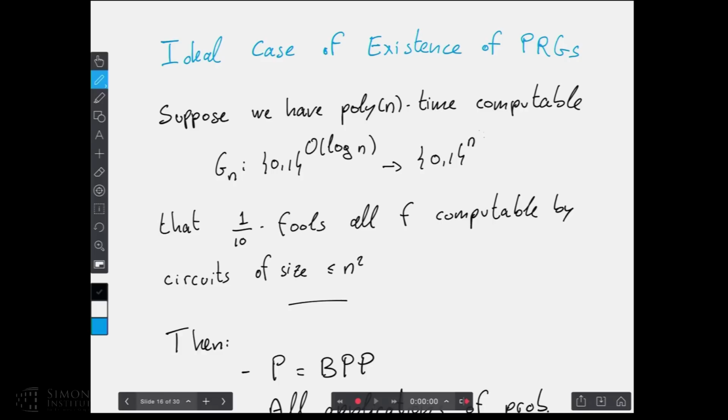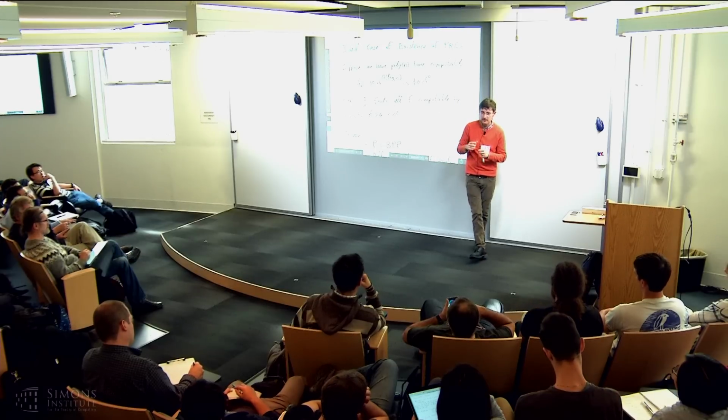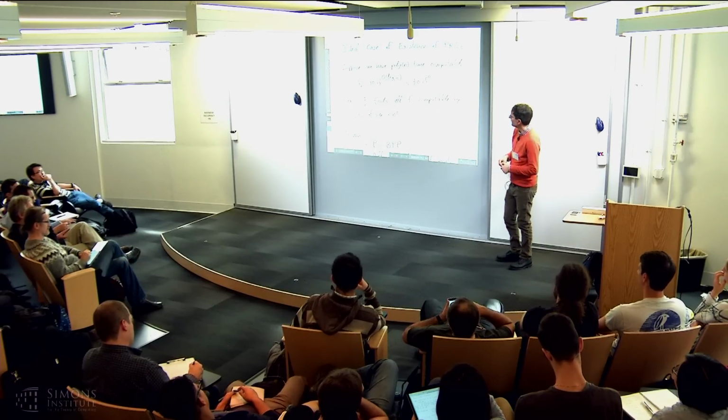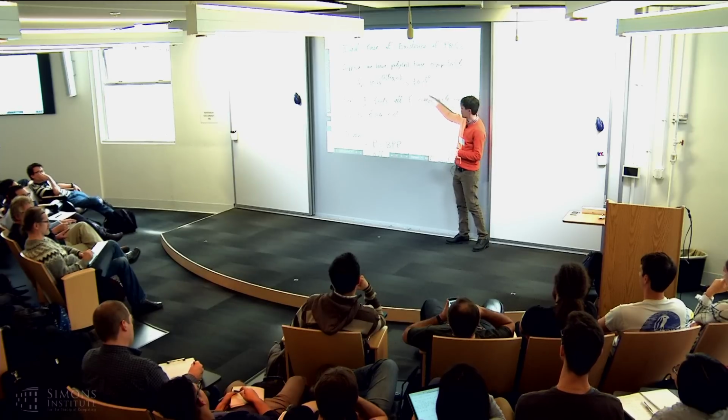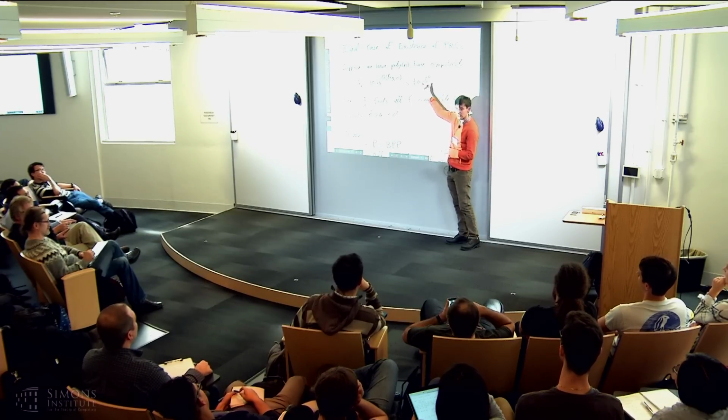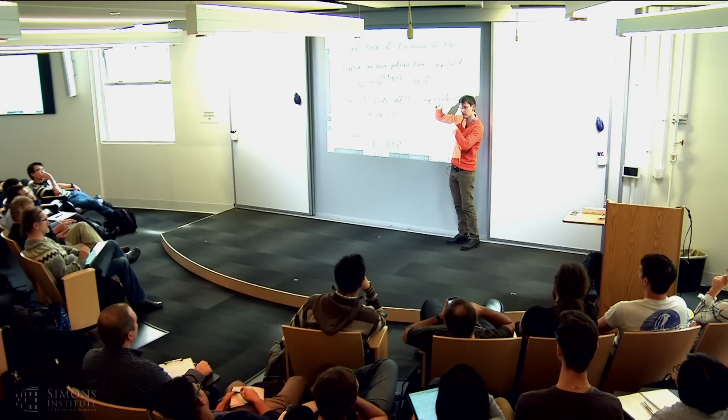This is just what makes rigorous sense, but algorithms is what we want to capture. So circuits of size n squared, is that the number of variables in there? No, size means the number of gates or the number of wires, but let's say the number of gates. Those circuits take n inputs, since they are meant to be evaluated on the output of the generator, so they have n inputs and one output.